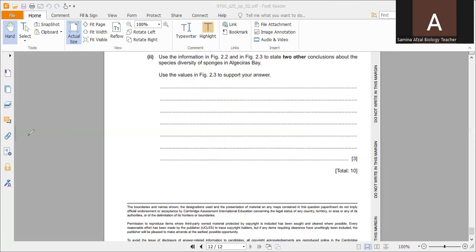These activities are less detrimental to sponge species. The second conclusion is that location within the bay influences diversity levels. It is not uniform; it appears to be higher at the outer edges of the bay compared to the inner, more sheltered northern sections. So I would go with these two conclusions.